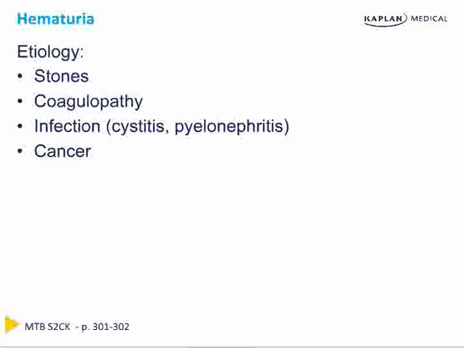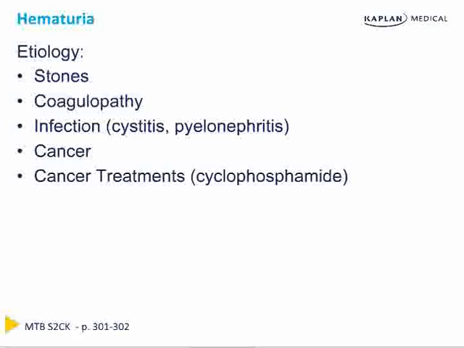The urologist will often say painless hematuria in an older person who is a former smoker is bladder or renal cancer until proven otherwise. In addition to cancer, cancer treatments, namely cyclophosphamide, are associated with a side effect known as hemorrhagic cystitis, which leads to hematuria.